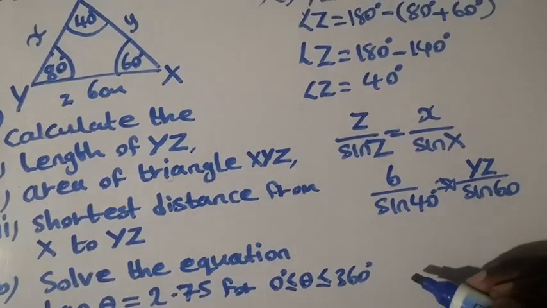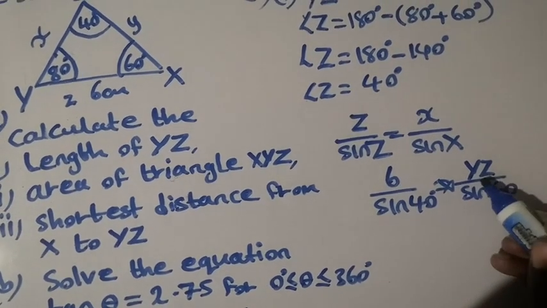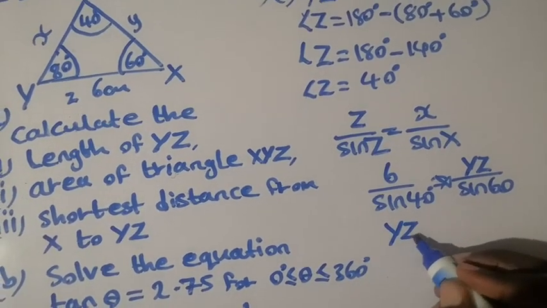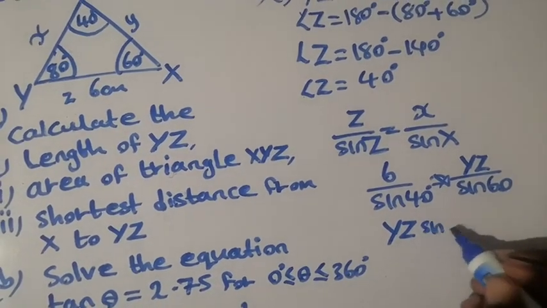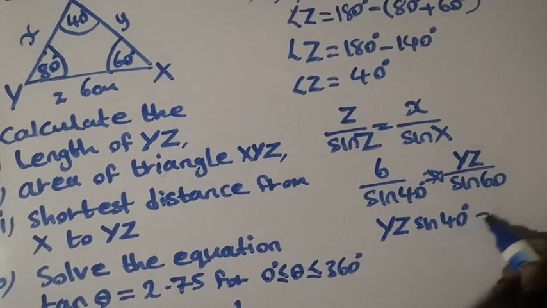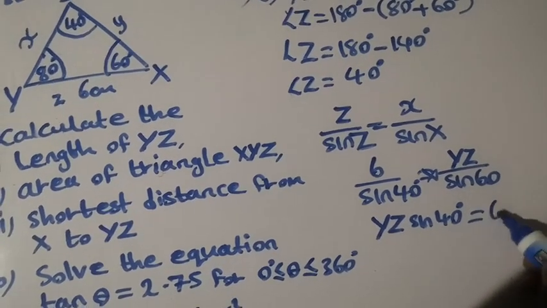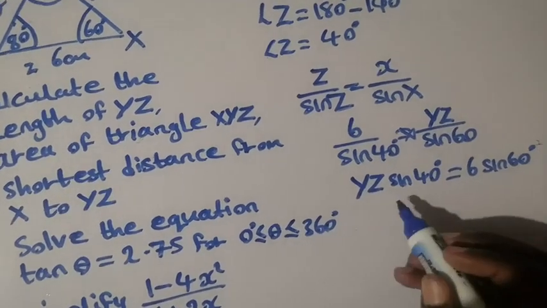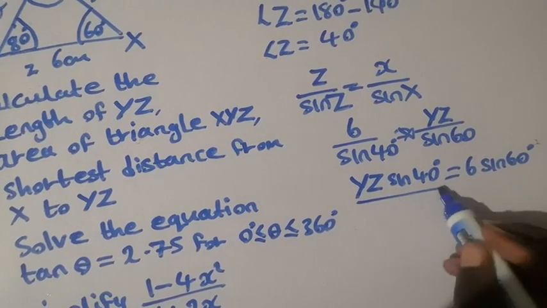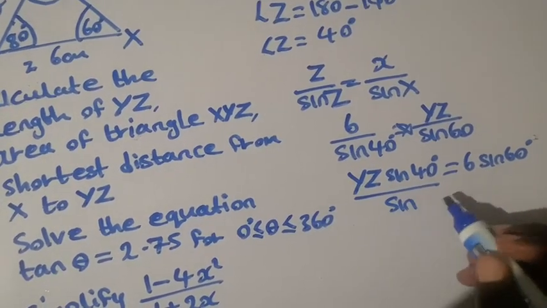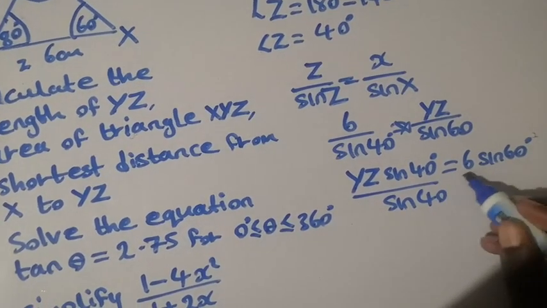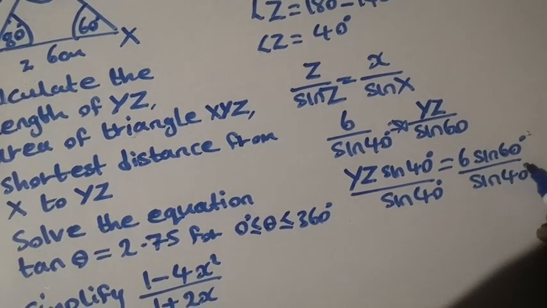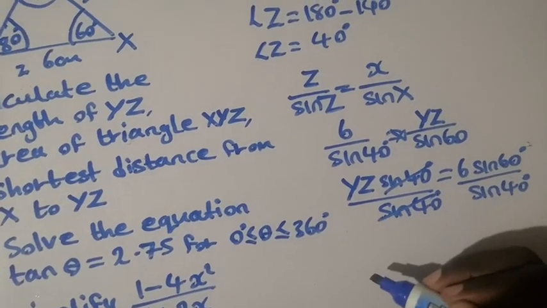Then you cross multiply. So this will be YZ times sin 40 degrees equals 6 sin 60 degrees. Since we are looking for YZ, we have to divide both sides by sin 40, so that this cancels.